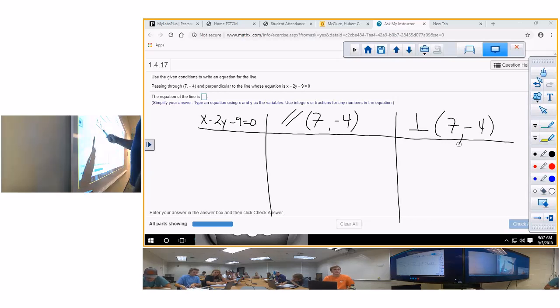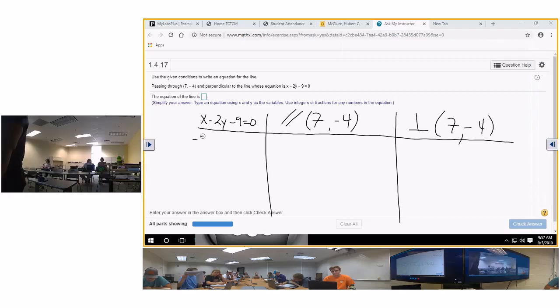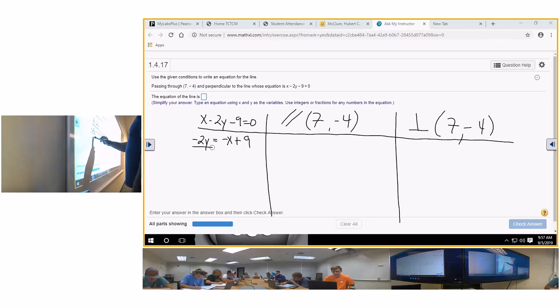Negative 2y is equal to negative x plus 9, and then divide by negative 2. y is equal to 1/2 x minus 9/2.